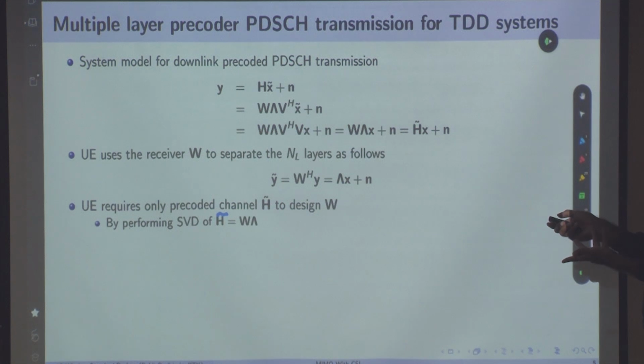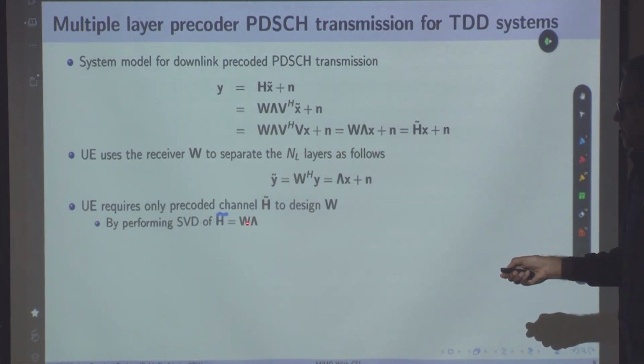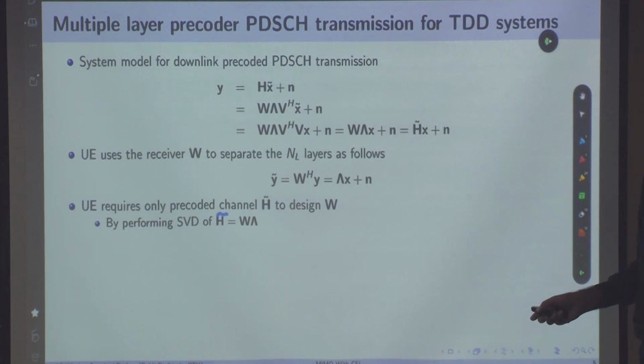W lambda, this is also the SVD, the decomposition. V Hermitian has gone, so it knows this H tilde, it will perform the SVD, and it will have this information W into lambda. Precisely that, it doesn't need anything else. So it does this, finds out W, it has W, it does this operation, done, right?